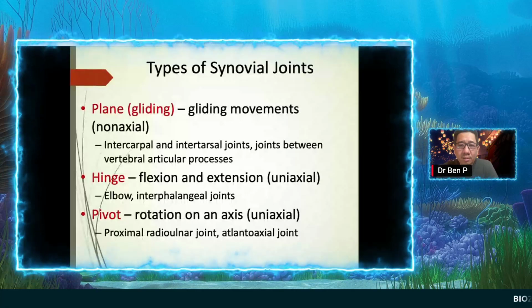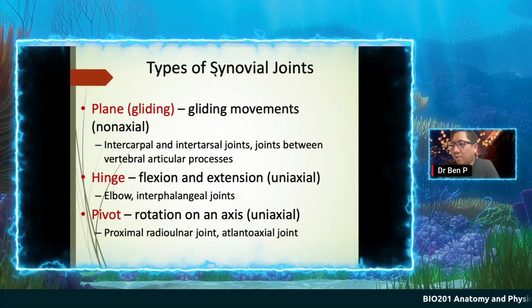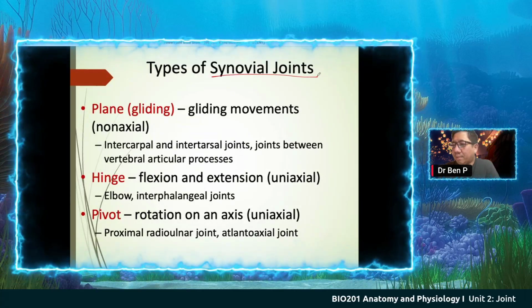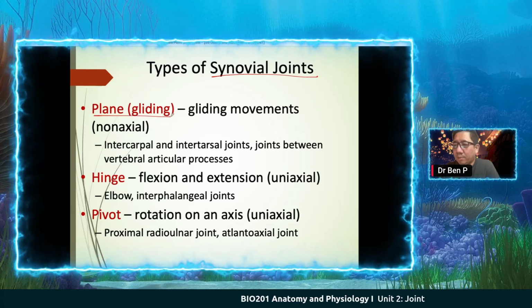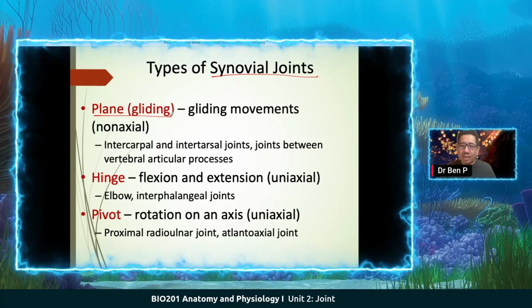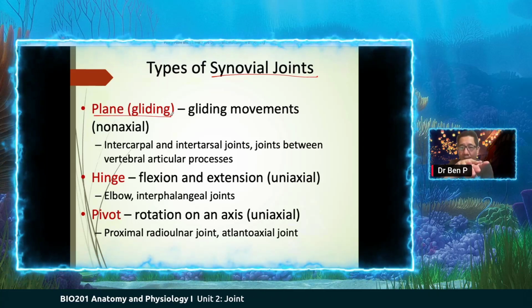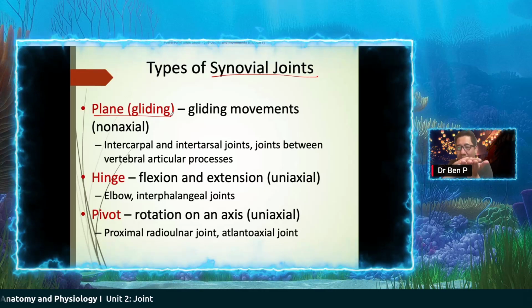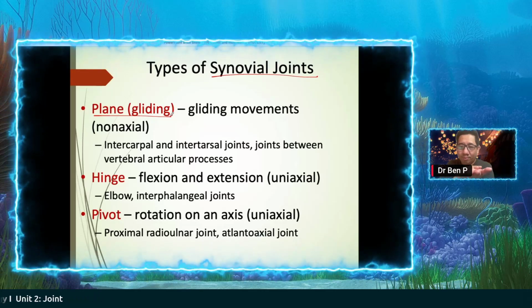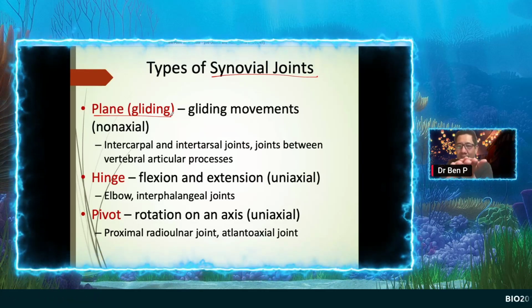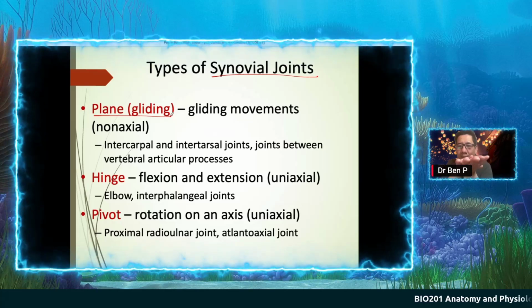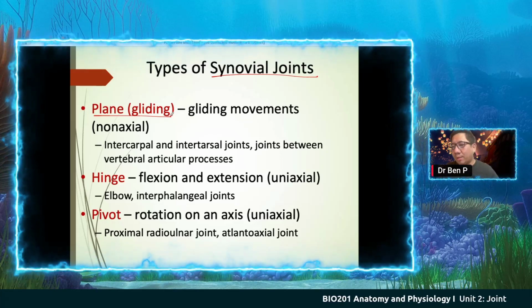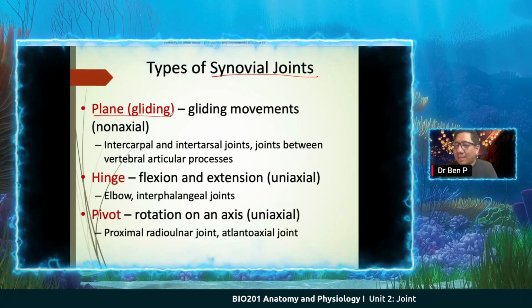So the next is the types of synovial joints. There are different types of synovial joints. First one is called the plane joint, meaning that it only goes in one plane. Okay, one plane of movement. It doesn't go up or down. It stays in one plane. You could go forward, backward, left or right. So it's one plane. You should know examples of these.